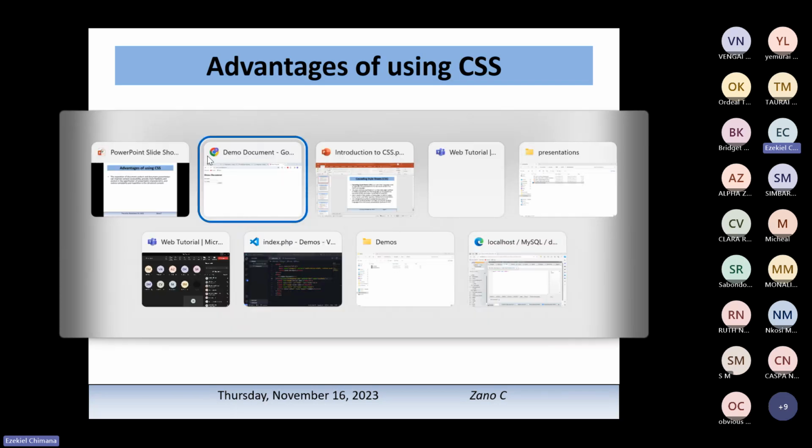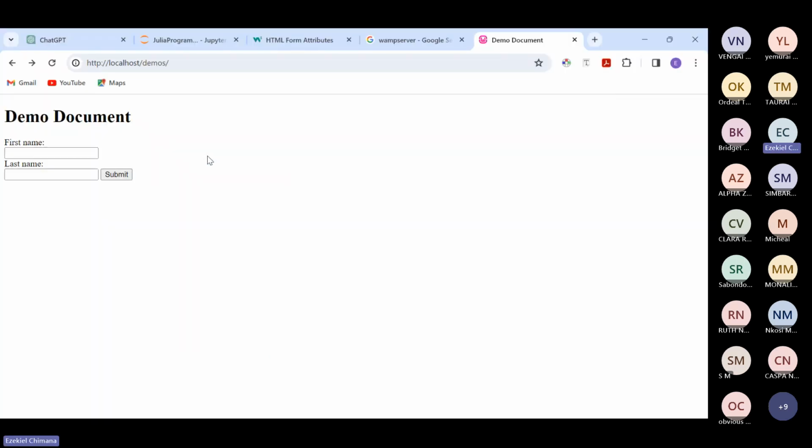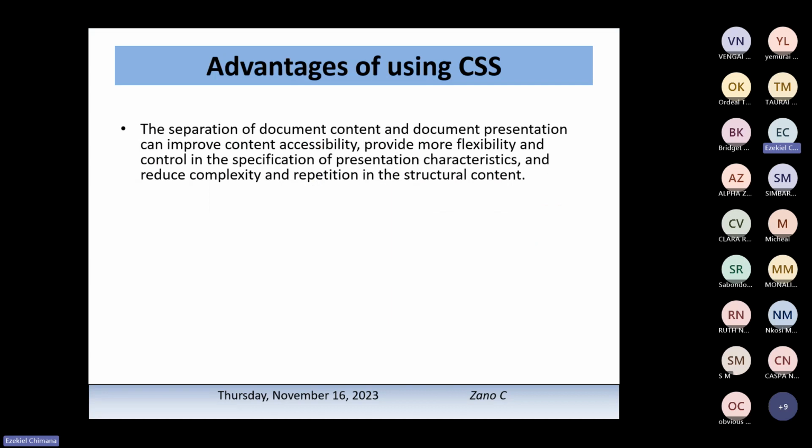So in other words, when you're doing CSS, what you are trying to do is to separate the presentation code, which is the CSS, from the document content. We want it to be separate from the what? From the document.